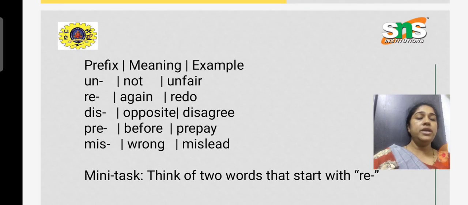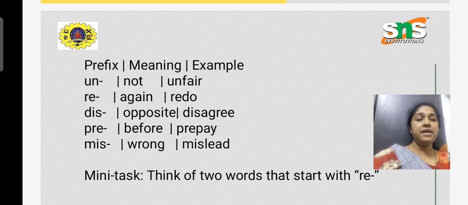In this slide I have given prefixes, their meanings, and examples. Your words are un, re, dis, pre, mis. You have to know the meaning of each. Un is not, re is again, dis is opposite, pre is before, mis is wrong. Now you understand. Unfair is not fair. Redo is do it again.